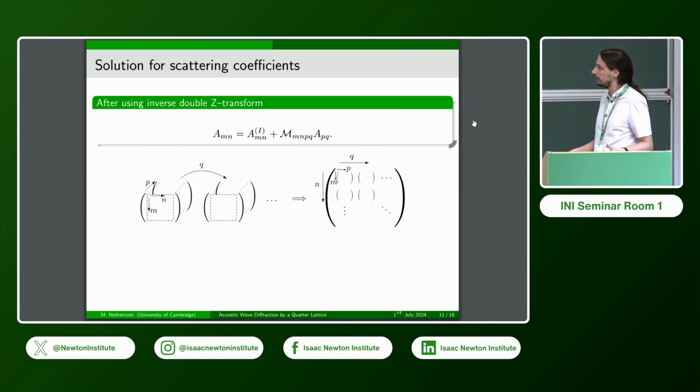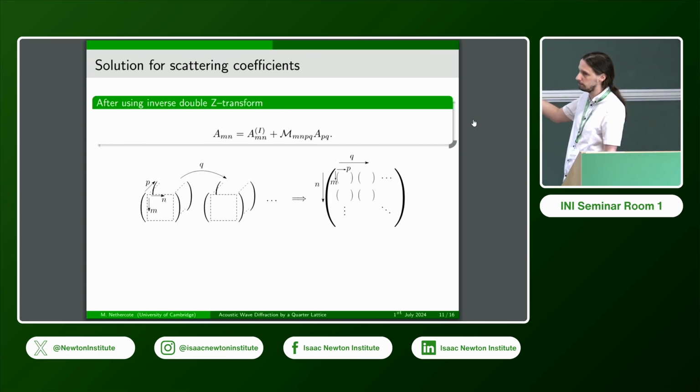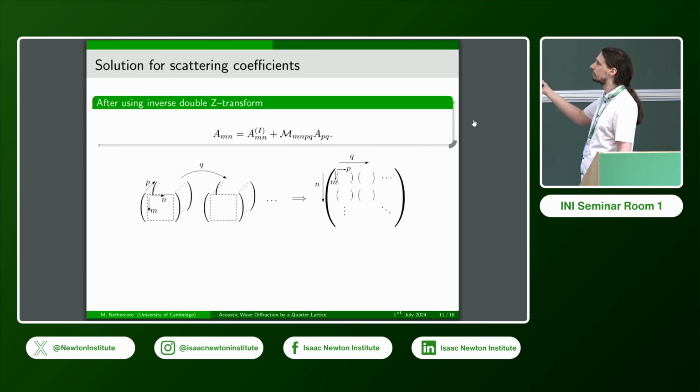And again, in theory, these are supposed to be infinite in all directions. So this one is supposed to have an infinite number of blocks, and each of the blocks is supposed to be infinite. But we're going to need to introduce some sort of truncation so we can use this practically. And we do so such that we get the same number of scatterers across in the x and y directions in this lattice.